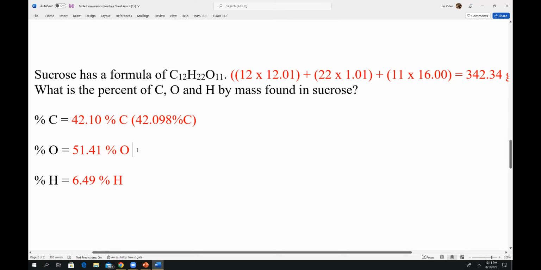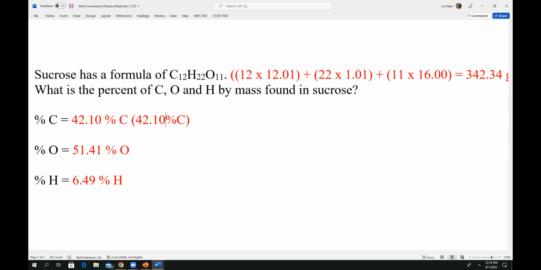And the last one is the oxygen. And the oxygen is 11 times 16, right? That one has 4 sig figs. Oh, wait. I was right. We don't need these numbers. So it is right.